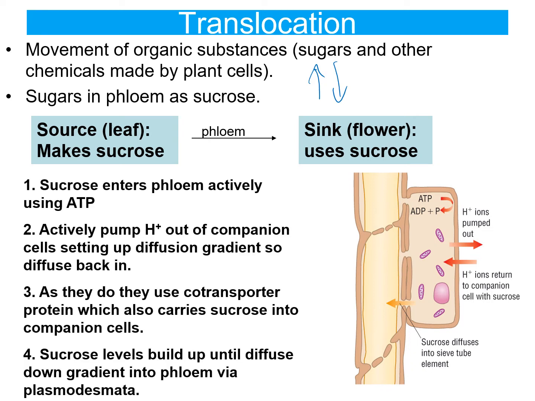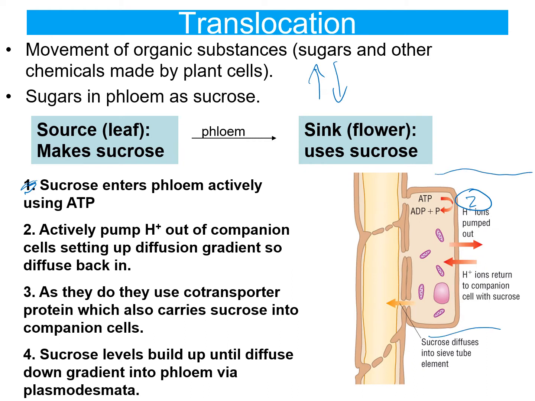So how does this process work? The whole process is that sucrose is going to be actively loaded into the phloem. So how does this work? If we cross off number 1 for a minute and talk about number 2: the hydrogen ions are actively pumped out of the companion cells into the surrounding cells.